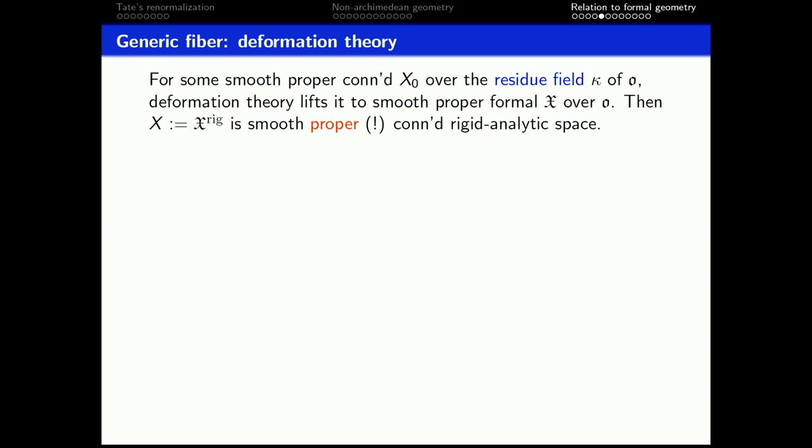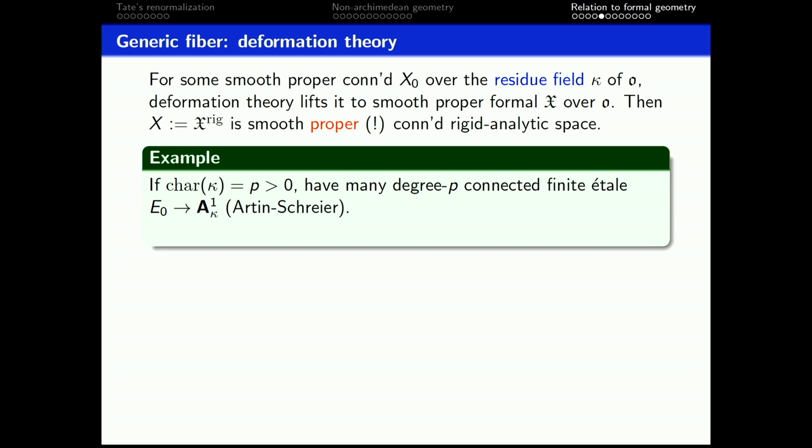And what I want to illustrate to you with two examples is how this process of starting from curious phenomena in characteristic p can give rise to some slightly disorienting phenomena in the rigid analytic setting over the fraction field of the valuation ring. So the first example is the following. In positive characteristic, the affine line has lots and lots of non-trivial connected finite étale covers. But a finite étale map can always be deformed, right?